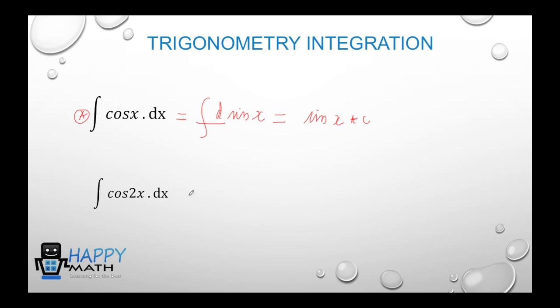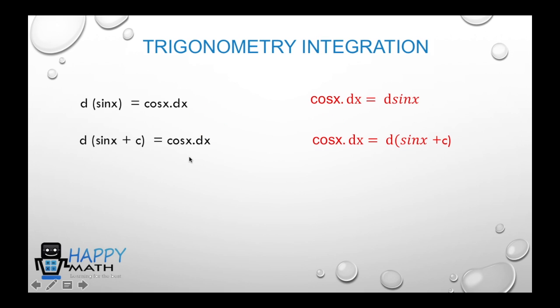Now continue with the second exercise. You have to take the integral of cos 2x times dx. Now move back to the main method of trigonometry integration. You can see that the three positions here have to be exactly the same: 1, 2, and 3 have to be the same.